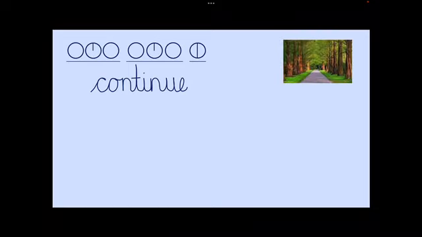And this picture is a reminder of our next word. It is a road, or in this case, it's a wide path, I think, that has trees on either side. And we would call that an avenue.